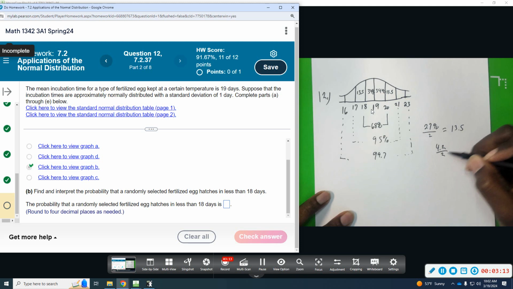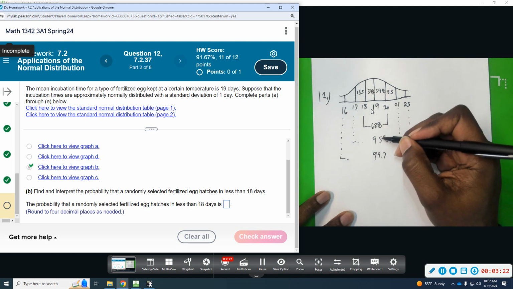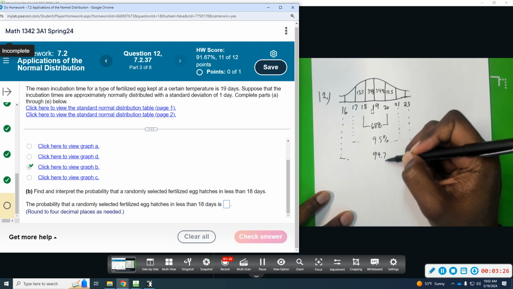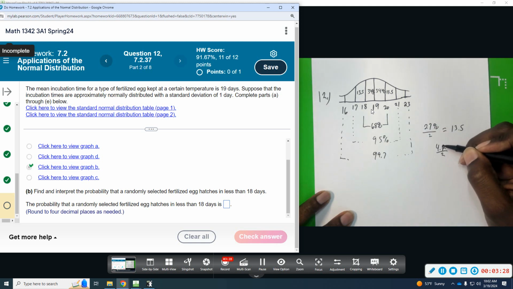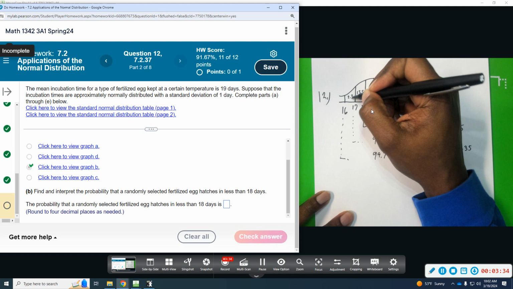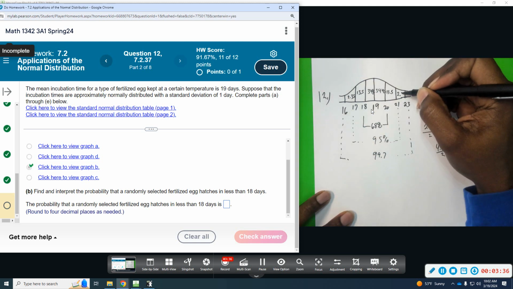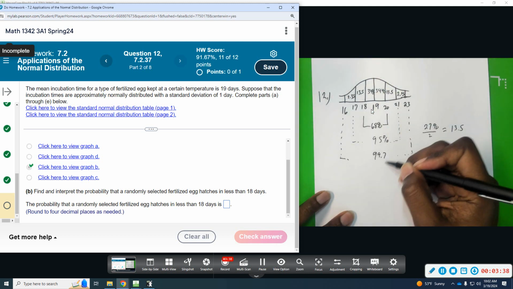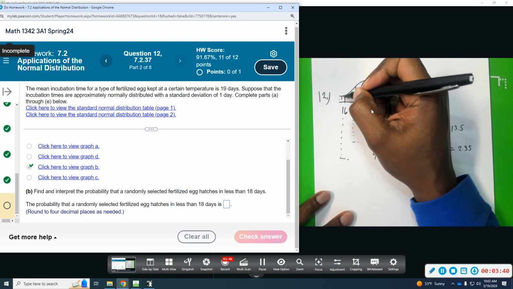We're going to divide that by 2. I feel like I'm off. 95, 99.7 is 4.7 actually. Yeah, that's what it is. And that gives you 2.35. And then the last to make up that 0.3 is 0.15 when you split it up.